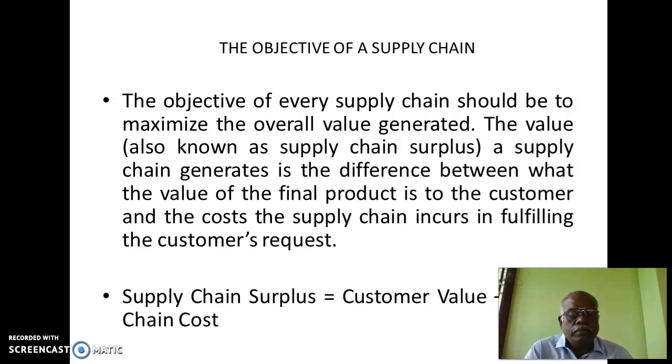For example, the total supply chain cost of a pen is 70 rupees and the price of the pen is 90 rupees, that is the customer value. So what is the supply chain surplus? That is 90 minus 70, 20 rupees. That is the supply chain surplus for a particular product.